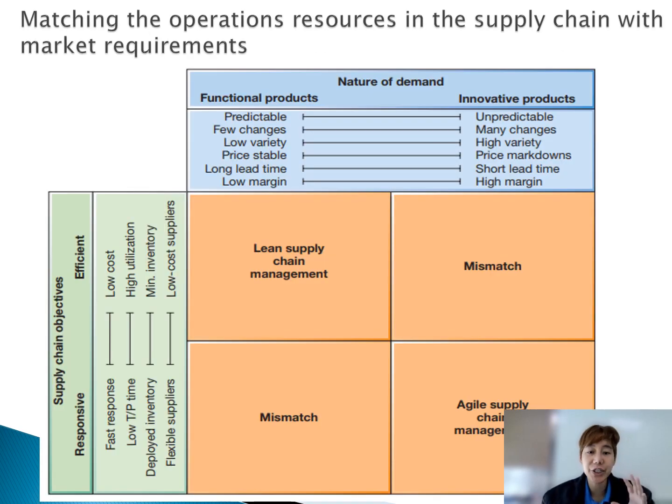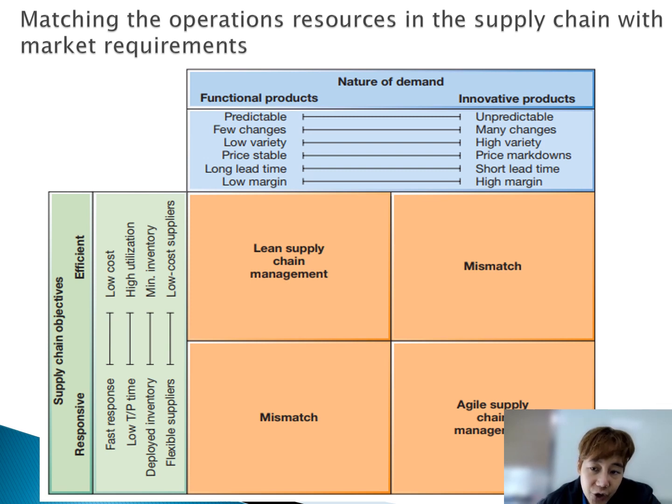And you see, matching the operation resources in the supply chain with market requirement. This feature can tell you many things. You see, lean supply chain management, mismatch; agile supply chain management, something like that. You have to see the responsive, efficient, functional product, innovative product, which one quite matches.